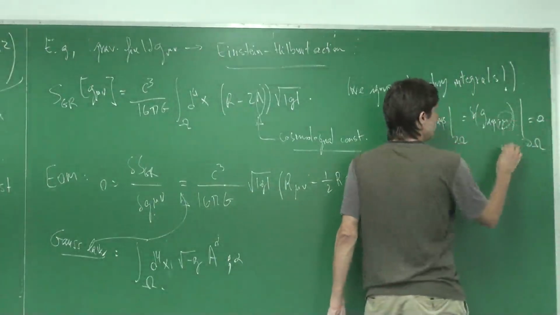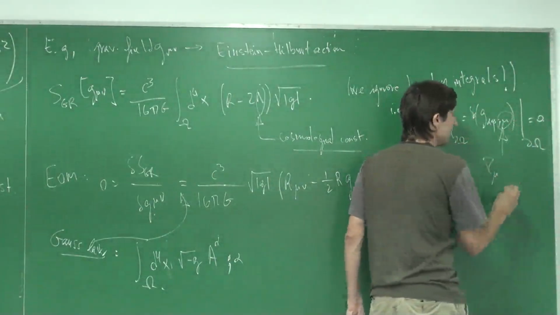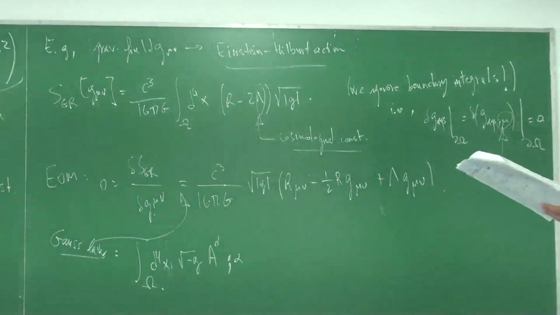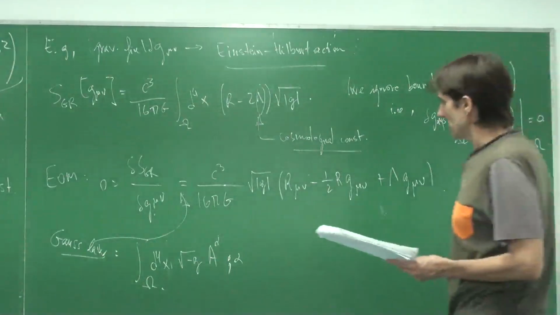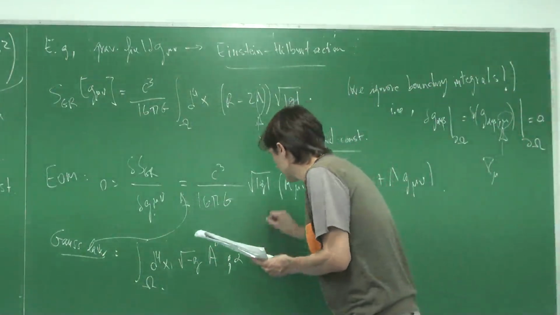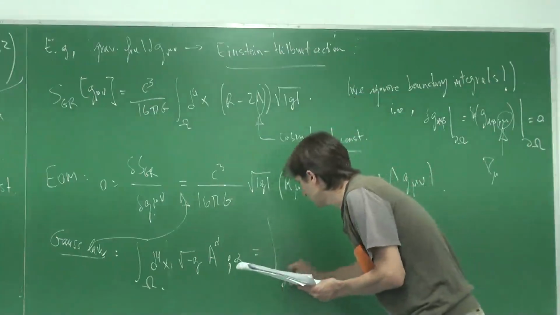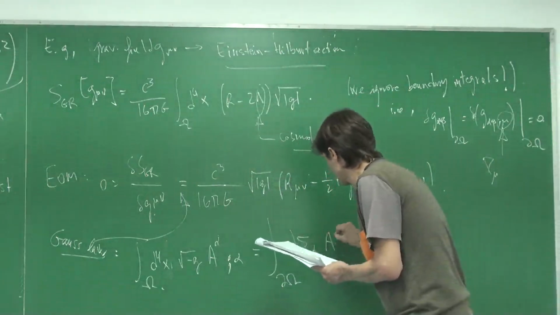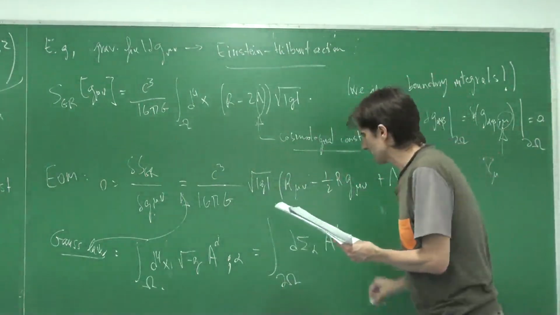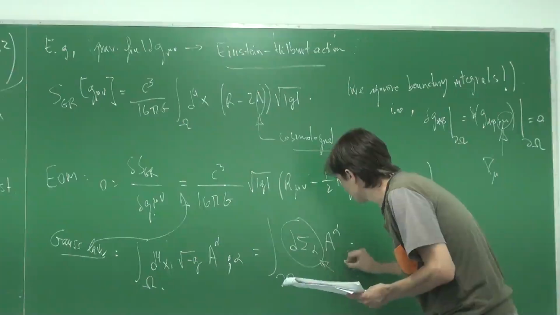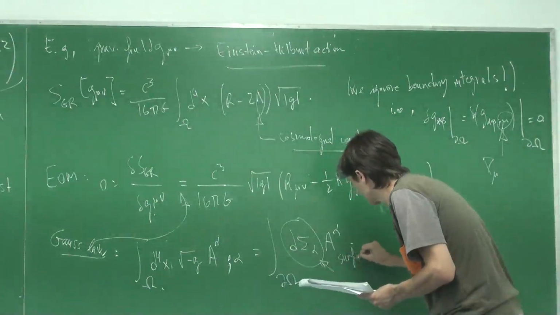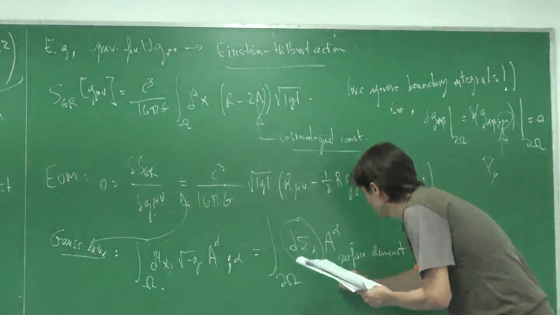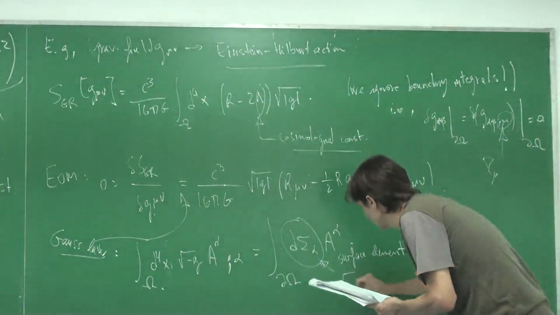Semicolon in here denotes covariant derivative with respect to x nu. So same thing here, covariant derivative. And this is an integral over a boundary, the boundary of omega, like this. And this is the surface element, and this is square root of minus h.